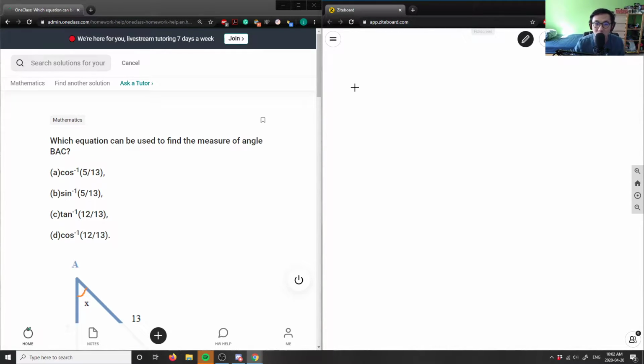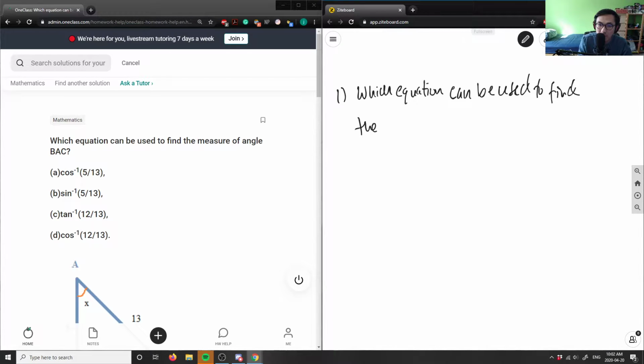Let me write this down: which equation can be used to find the measure of angle BAC?